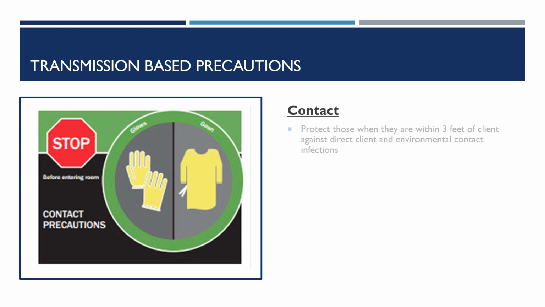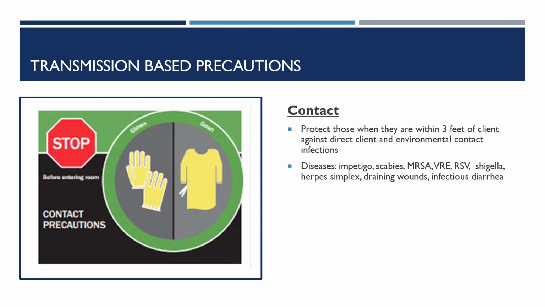Contact precautions protect against direct client and environmental contact infections when you are within 3 feet of the client. If you are 3 feet or closer, you must wear a gown and gloves.